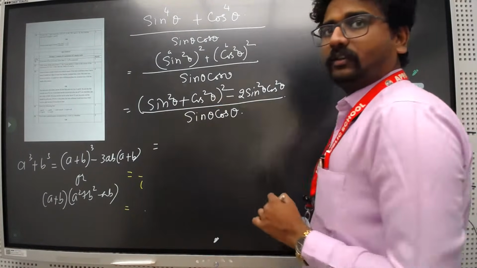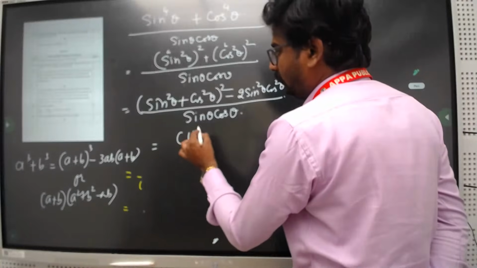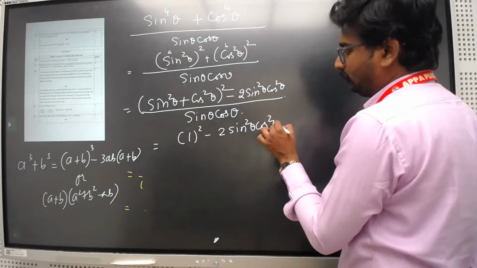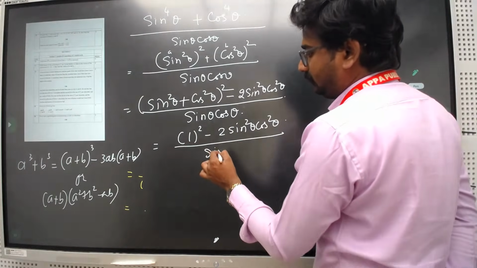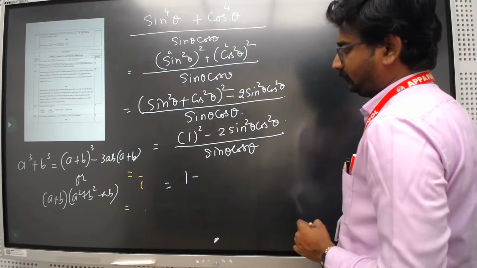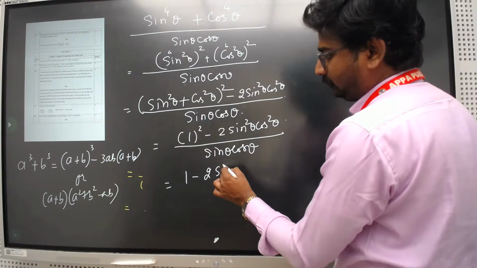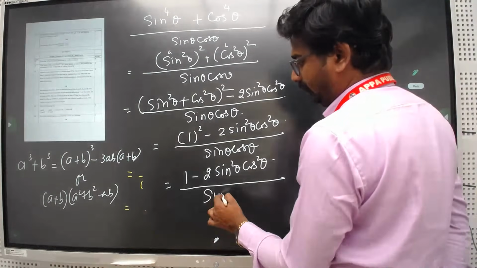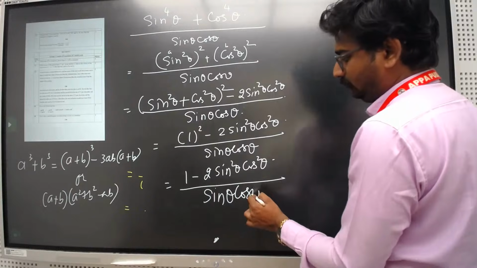What is sine square plus cos square? 1 square minus 2 sine square theta into cos square theta, by sine theta into cos theta.